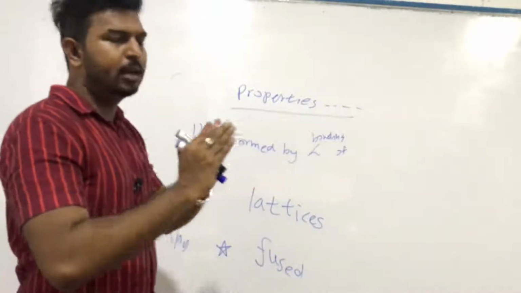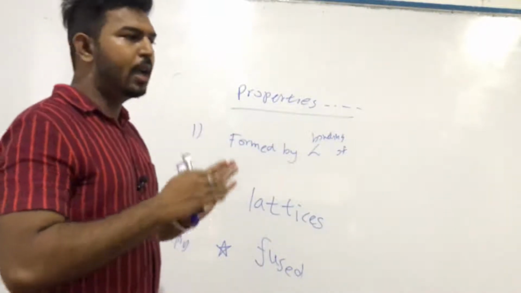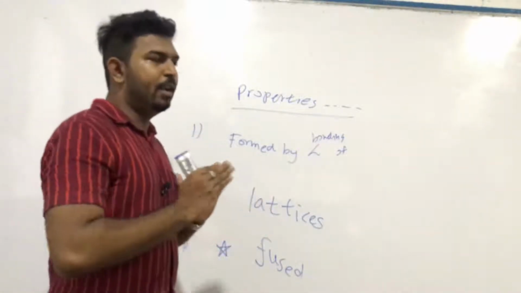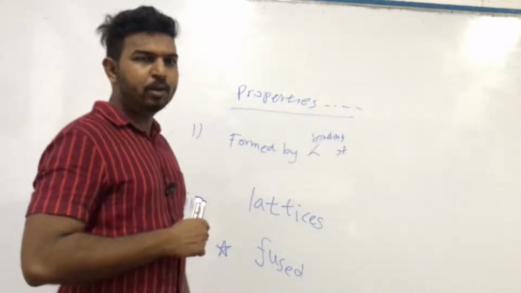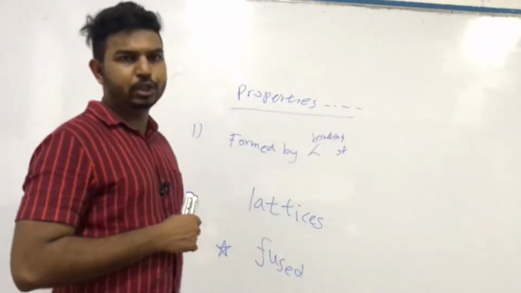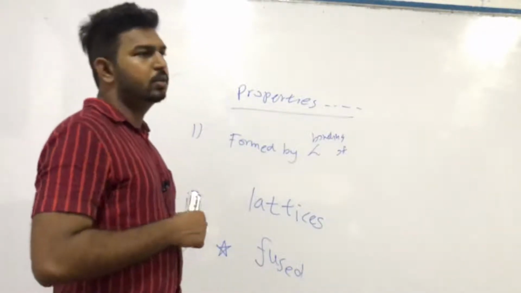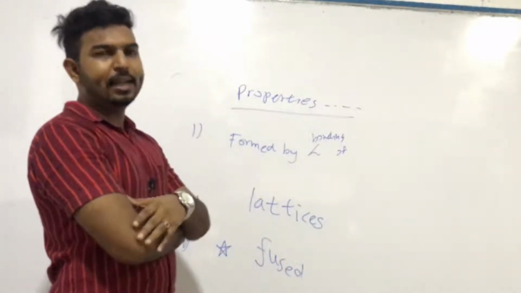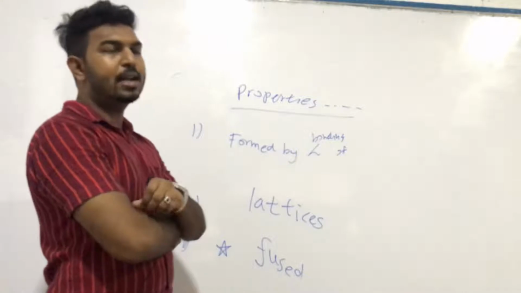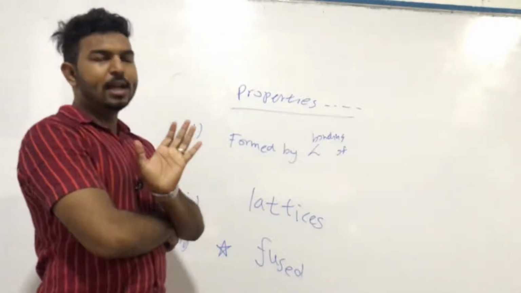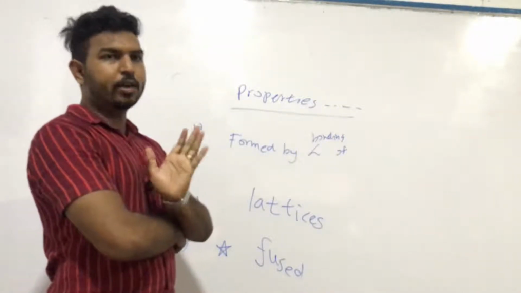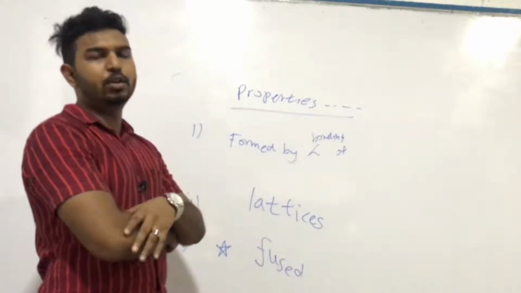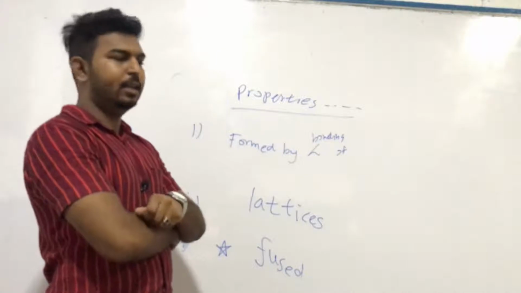We can heat an ionic compound and liquefy it easily, and we call that a fused solution. Only solid ionic compounds cannot conduct electricity, but fused solutions and aqueous solutions can.